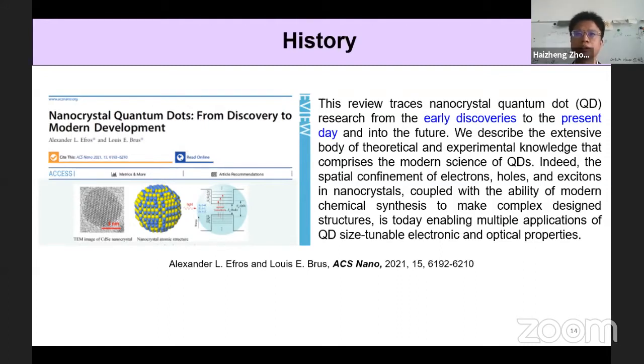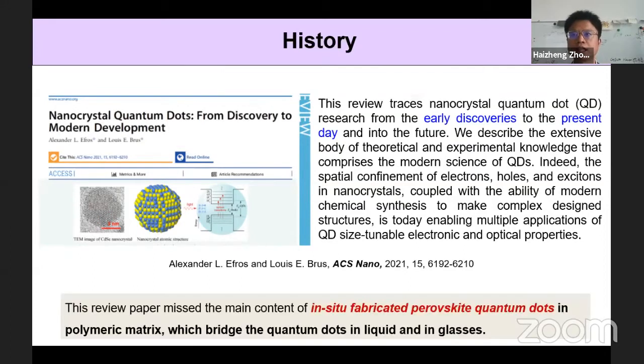This is a good paper to learn the history, and I enjoyed it very much. But I would like to say that this review paper doesn't tell us anything about the in-situ fabricated perovskite quantum dots in polymer matrix, which bridge the quantum dots in liquid and in glasses. And this is also the key point of my talk. Hopefully, my talk can supplement your knowledge on quantum dots.